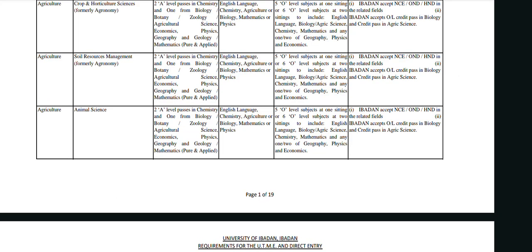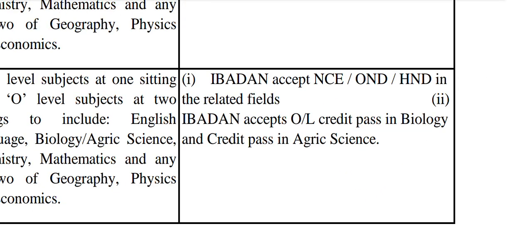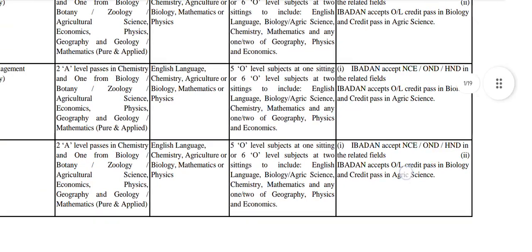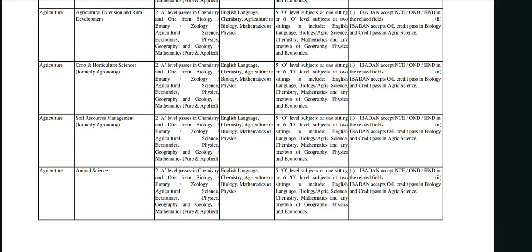So here the second special consideration says that University of Ibadan accepts O-level credit pass in biology and credit pass in agricultural science. So that specifically means that University of Ibadan will not tell you that okay, we are only accepting those who have A's or those who have B's or all that.